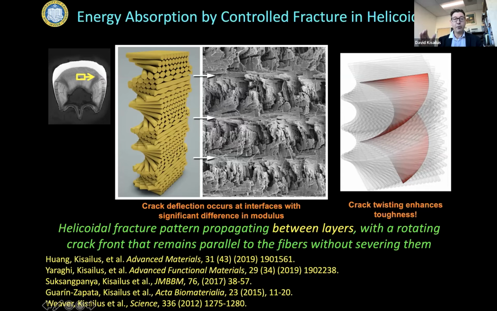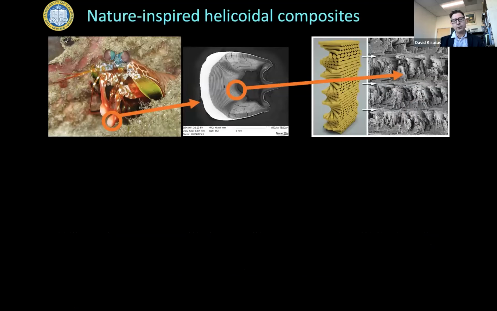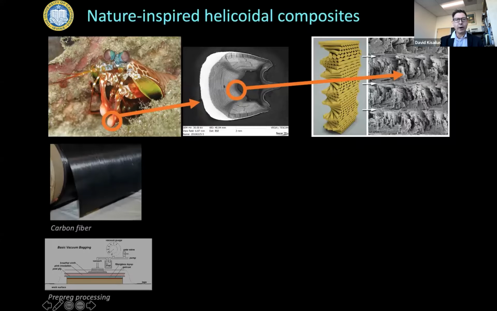Since then, we've done a lot with the helicoid. And so what do we do with the helicoid? The biomimetic part says, we know now that this design is really tough and really strong. Why don't we take carbon fiber instead of the polysaccharide fiber? And instead of the calcium phosphate glue, let's use a resin that you would find in your Boeing 787, which is made of 50% carbon fiber composite.